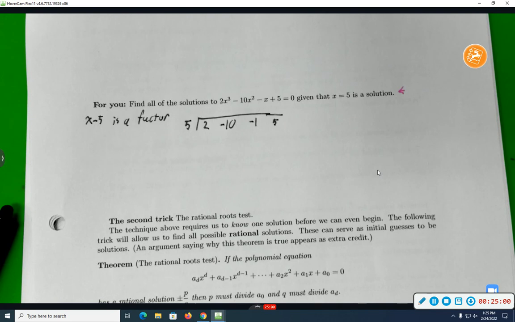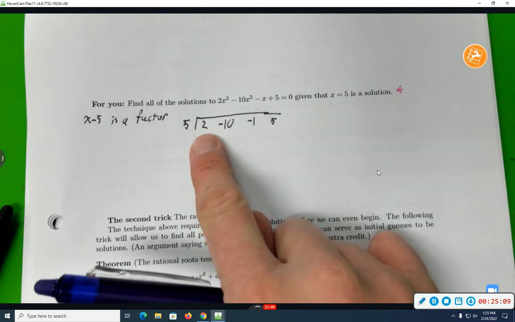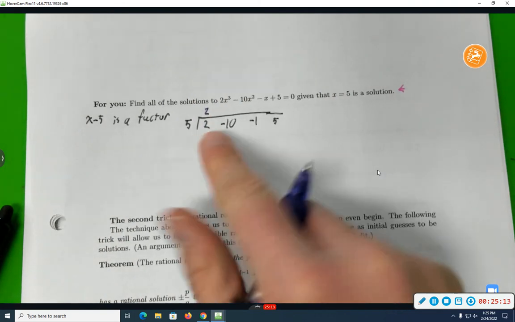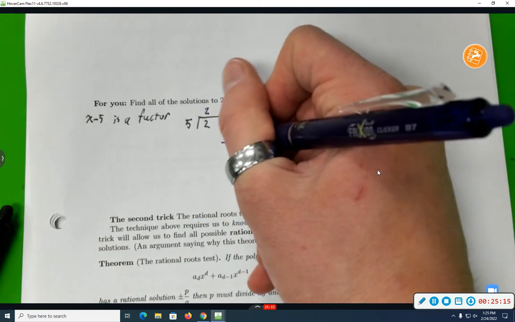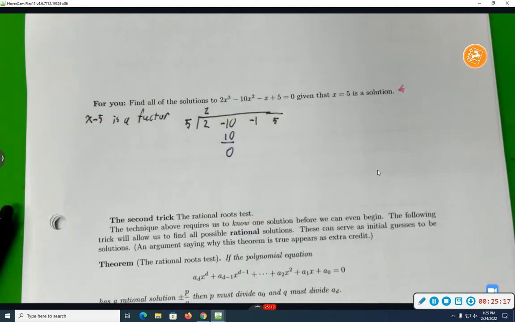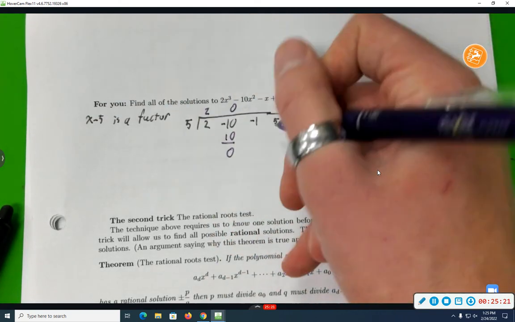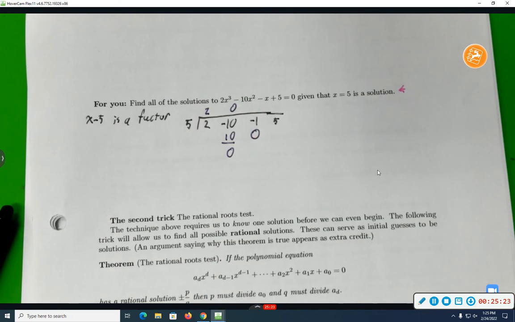Those of you who would rather do long division, go ahead and do polynomial long division. We'll see if we get the same thing. We should. So what's the algorithm? Take that 2, draw it there. 2 times 5 is 10, so I'll put a 10 here. Negative 10 plus 10 is 0. So I'll draw a 0 there. 0 times 5 is 0, so I'll put a 0 there.